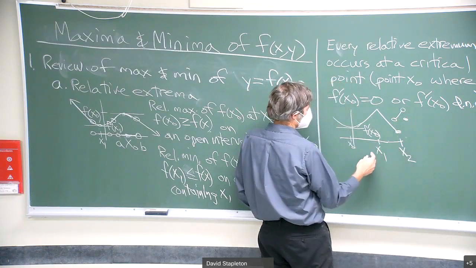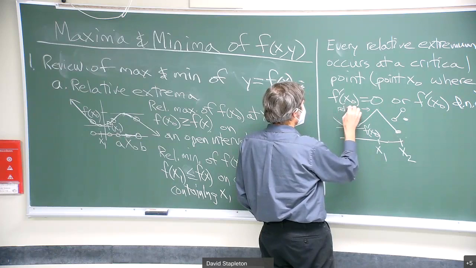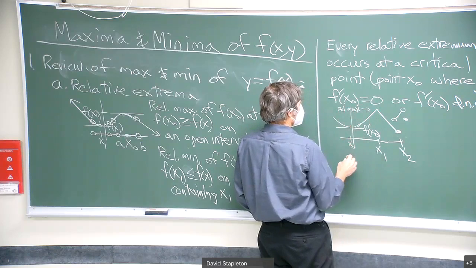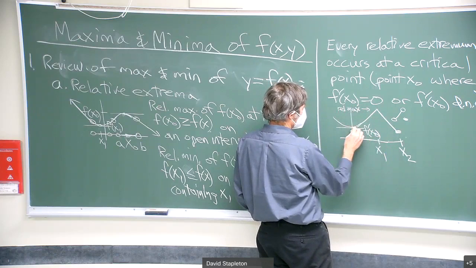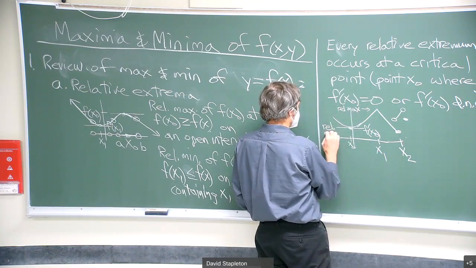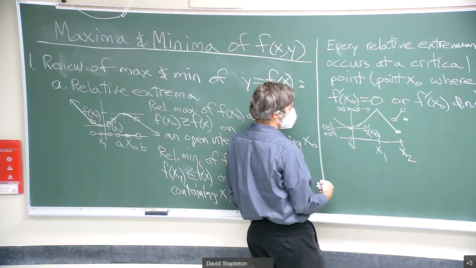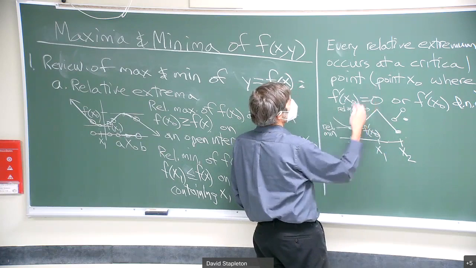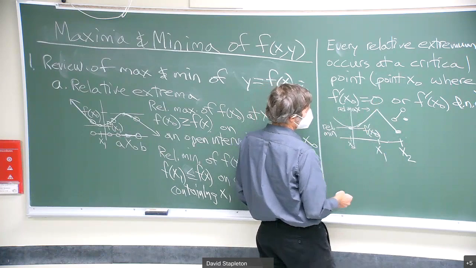So this one has a relative max of that y value at this x value. This one has a relative min of this y value at this x value, but not every critical point produces a relative max or min.